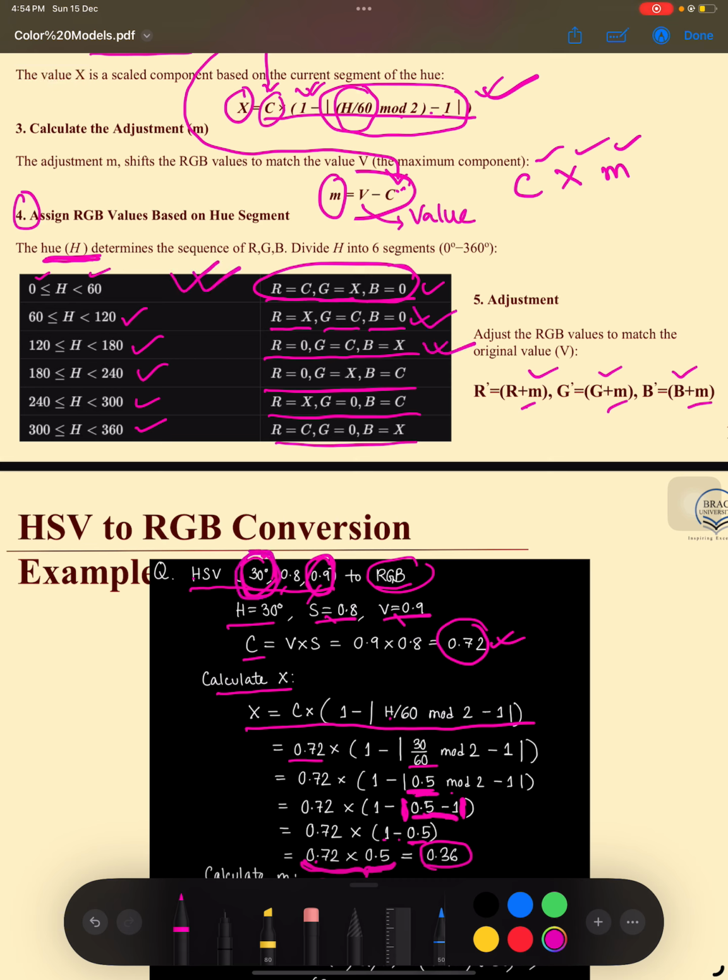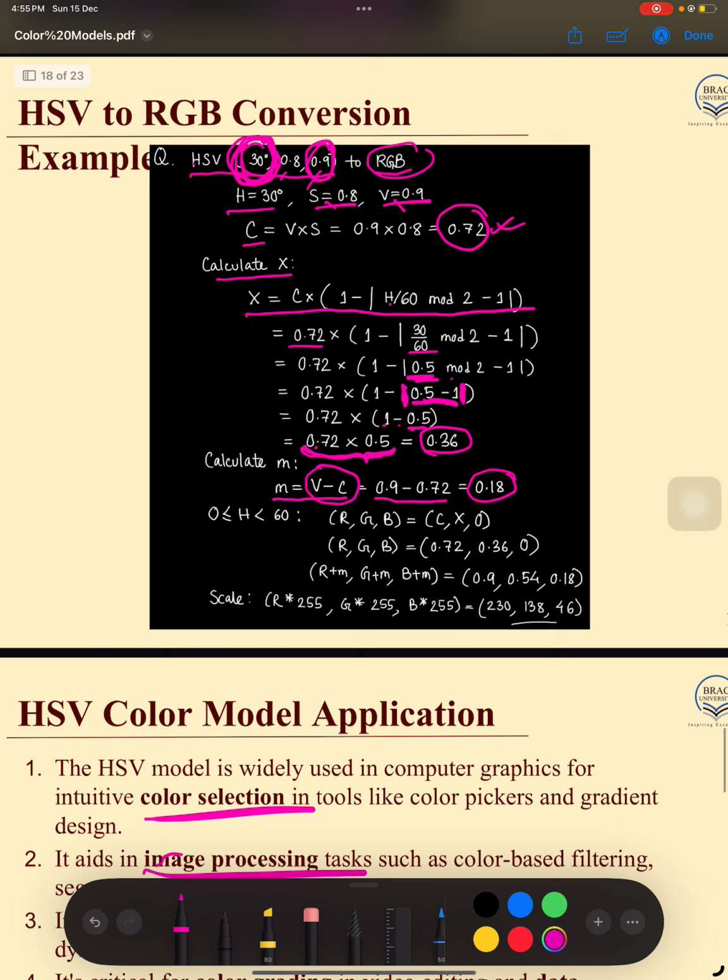The initial H value was 30 degrees, so this falls in the first condition. If this condition is true, R is set as C, G is set as X, and B is set as 0. So we set them to whatever the condition tells us. R is C, G is X, and B is simply 0.